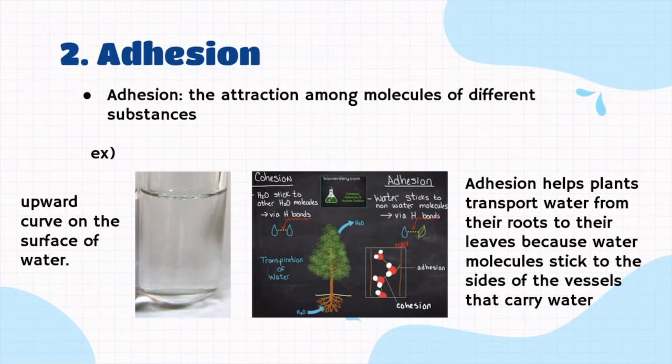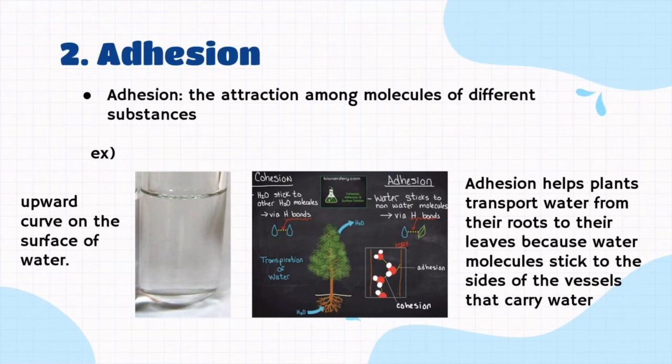As it is seen in the picture on the left, if you put water in the glass beaker, it will look like the picture, as water is more attracted to glass than itself, because glass molecules actually are very polar. Glass molecule is usually silicon, and electronegativity difference between silicon and oxygen is greater than that between hydrogen and oxygen.